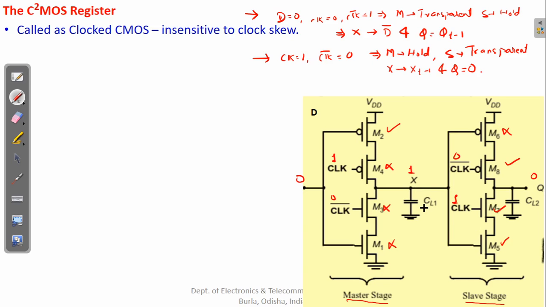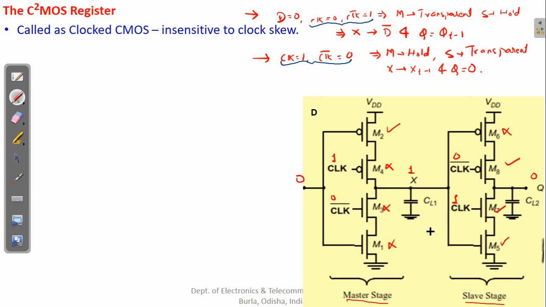So the thing is, for one condition of clock, the master stage will be transparent and the slave will be in hold mode, and for the other condition of clock, the master goes into hold mode and the slave enters transparent mode.